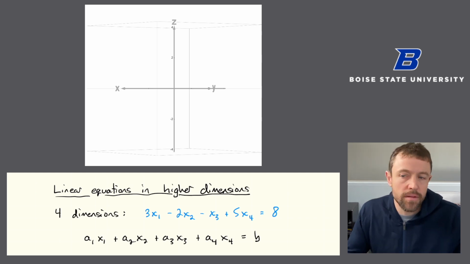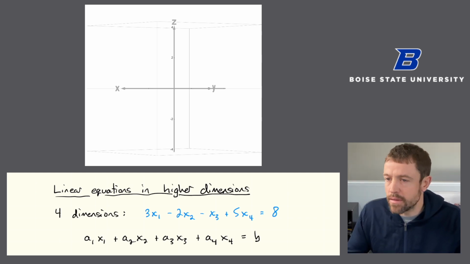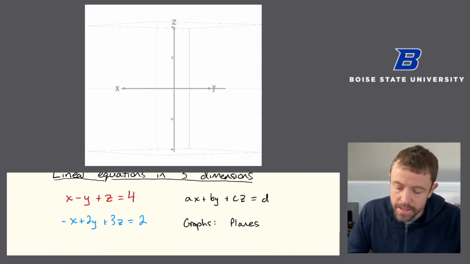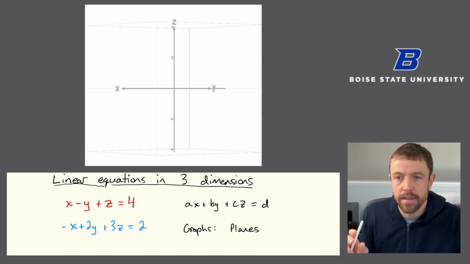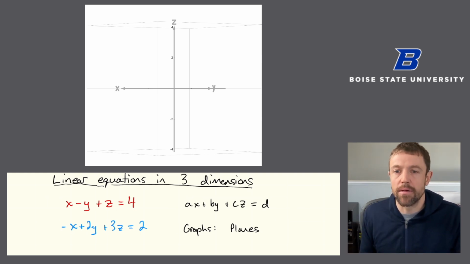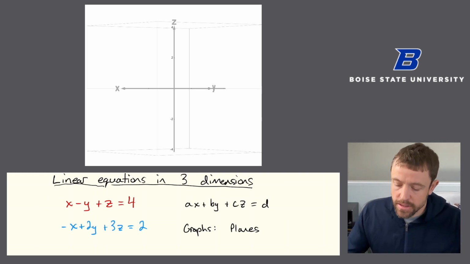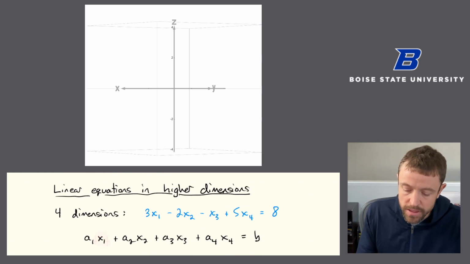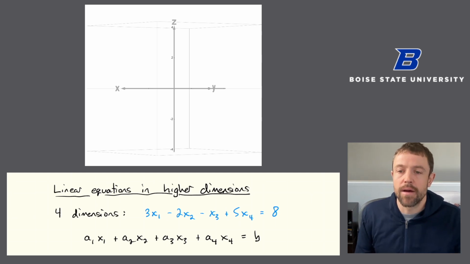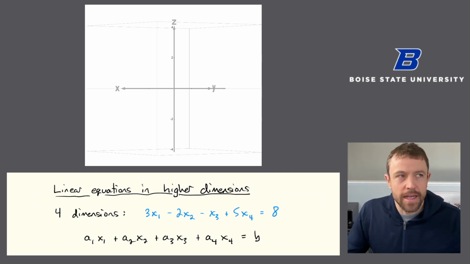But ultimately, we want to talk about linear equations in 1,000 dimensions or something like that. And this general way of writing things, ax plus by plus cz equals d, is a bit short-sighted. It doesn't naturally allow us to talk about higher dimensions. So instead, using subscripts on both our variables and our coefficients is a nice way that we don't have to start using W and then deciding, well, what letter's next? What if I go to 5 dimensions, what should the 5th letter be? We won't have to do that. We'll just use subscripts.